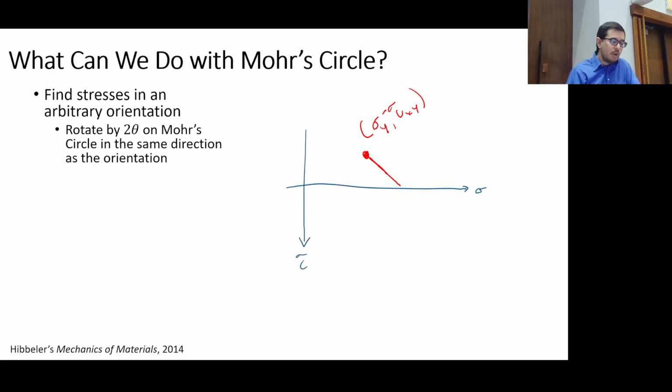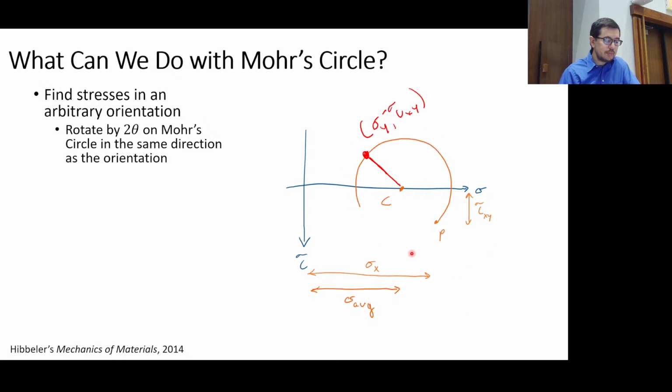So what might happen, okay, is we start with our Mohr circle. So here's Mohr's circle. And when we have a state of stress, and we'll go through this more, that state of stress is what we call location P. And that state of stress is given by sigma x, sigma y, or sigma x, sorry, tau xy.